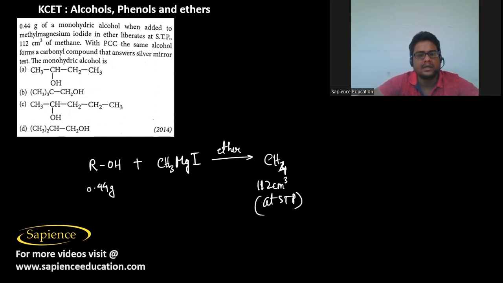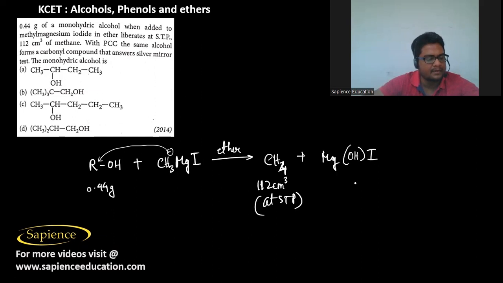So it means that this CH3 minus will attack here, and it will form MgOHI here.